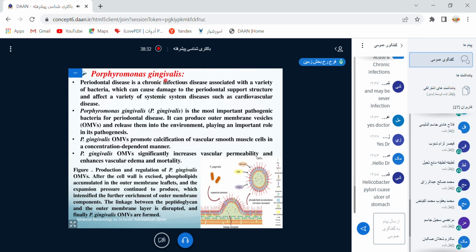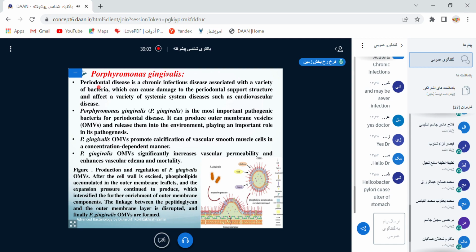This bacterium, which is a gram-negative bacterium, is the causative agent for periodontal disease. What is the meaning of periodontal disease? Any infection of the mouth, especially teeth and gingiva, we call periodontal disease.